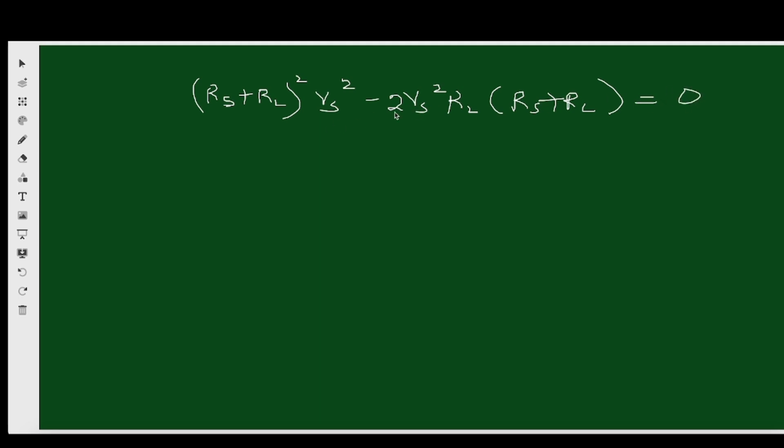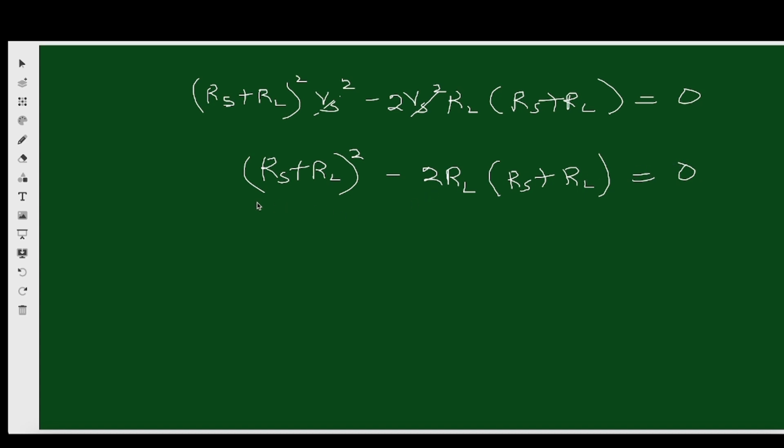So if you factorize Vs, if you divide through by Vs squared, what do we have? 0 over Vs squared is still 0. So we have Rs plus RL squared minus 2RL into bracket Rs plus RL equals 0.